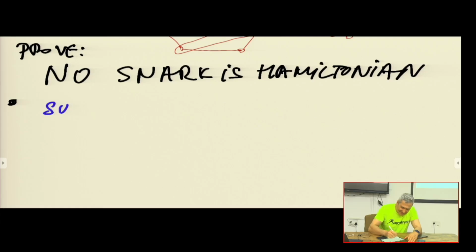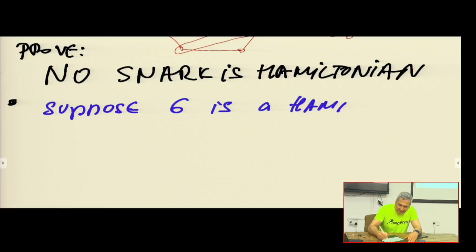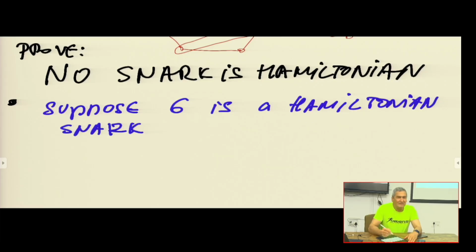Suppose G is a Hamiltonian snark. What is this Hamiltonian graph? What must a Hamiltonian graph be?